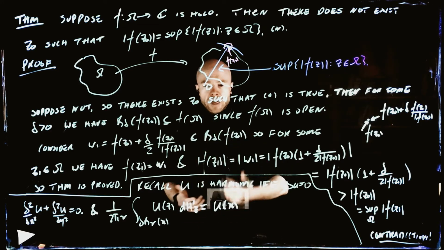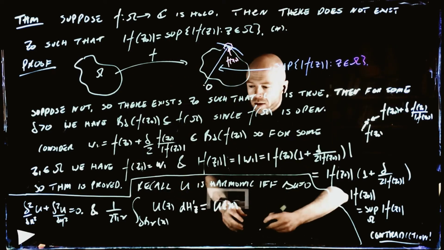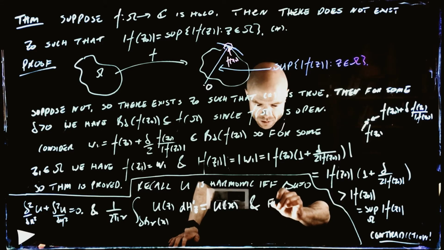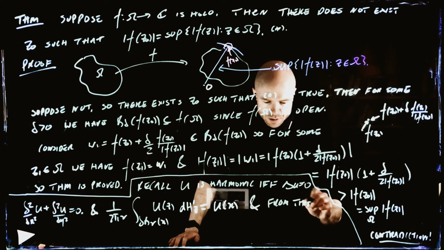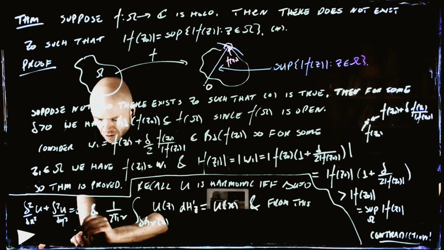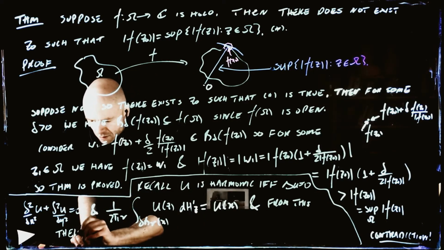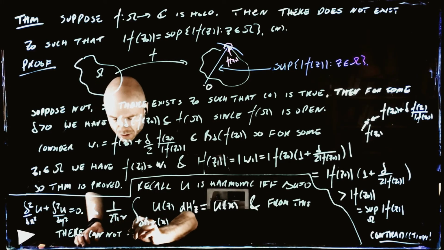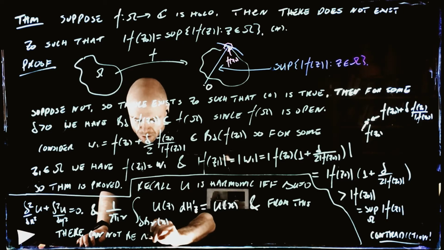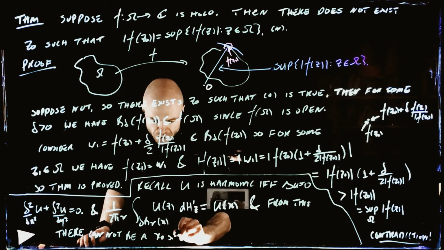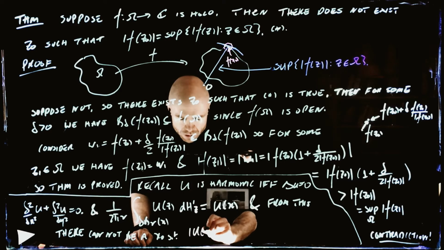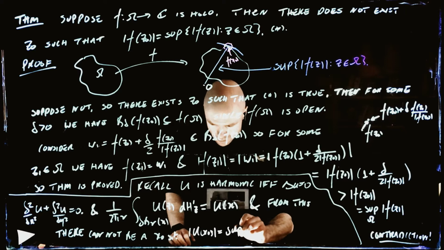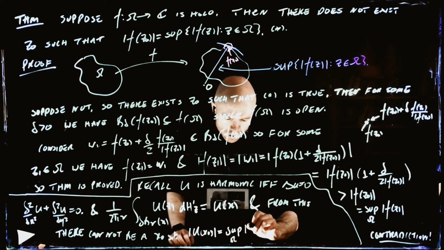Okay, and I claim that this implies the same thing. From this, there cannot be an x0 such that the absolute value of u of x0 is equal to the supremum over whatever domain we have of the absolute value.